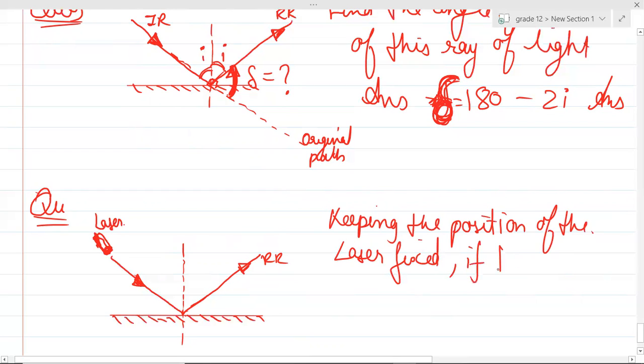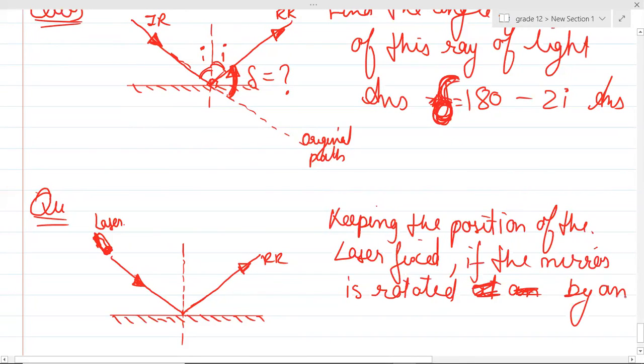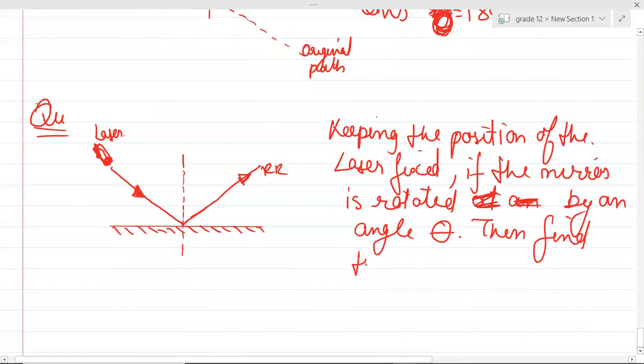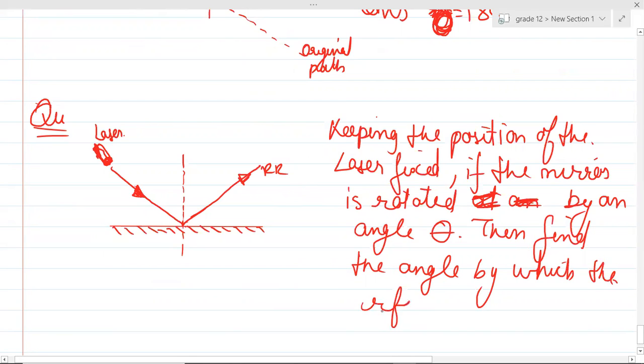Now the question is, keeping the position of the laser fixed, if the mirror is rotated by an angle theta, then find the angle by which the reflected ray will rotate.